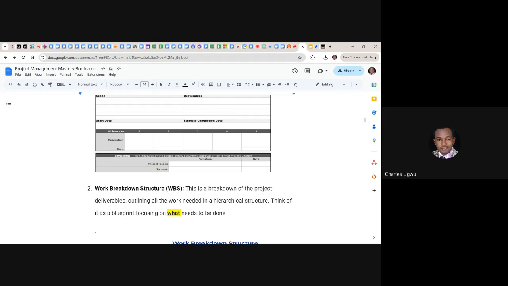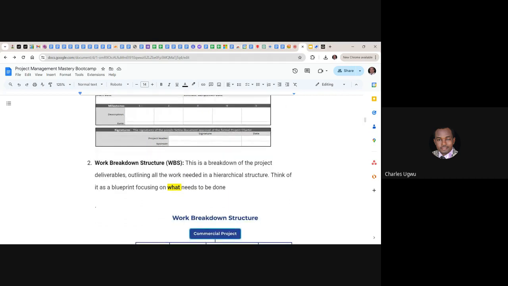Okay, let's look at work breakdown structure. Work breakdown structure here is a breakdown of the project deliverables, outlining all the work needed in a hierarchical order, and you see it as a blueprint for what needs to be done within this project.